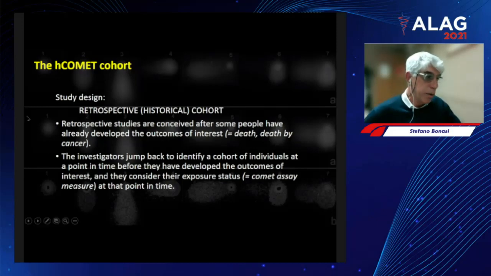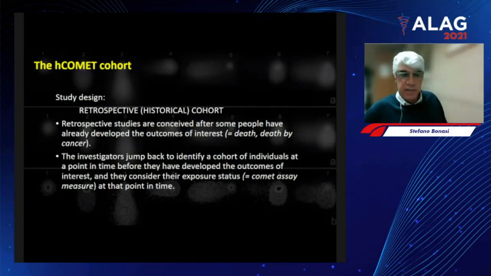So the idea was to perform a retrospective historical cohort study, and we were able to go back to the laboratories to take the results of the study and to follow up the people that received a Comet assay evaluation in the past.